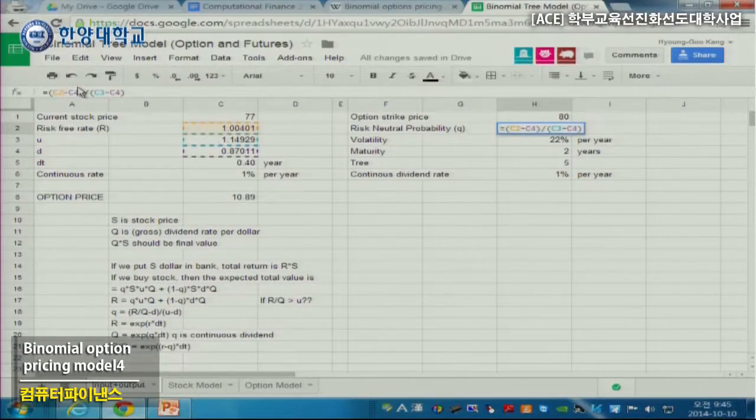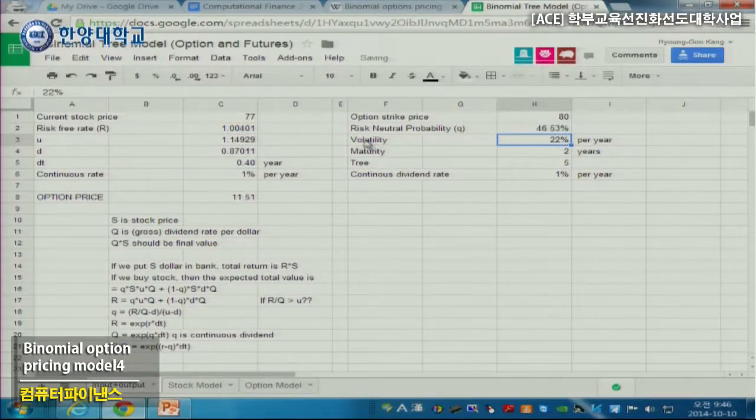So divided by exp of this, multiplied by dt, and done.